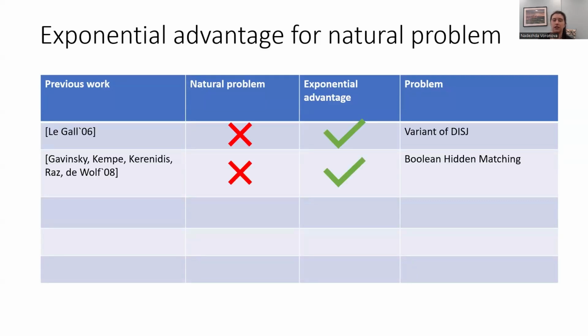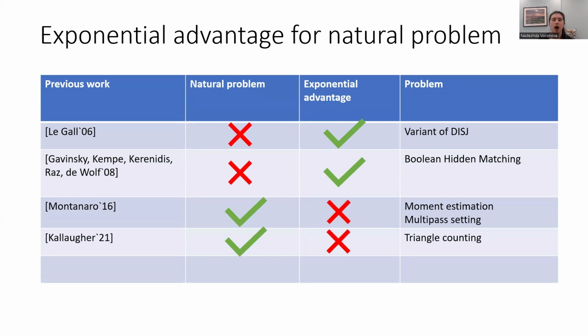Several works showed that exponential quantum space advantage is achievable in the streaming setting, but unfortunately, the problems considered there were designed specifically to show this separation and have not been considered in the streaming setting outside of those works. Other works showed quantum advantage for very natural problems of moment estimation and triangle counting, but these works did not achieve exponential quantum advantage in one-pass setting.